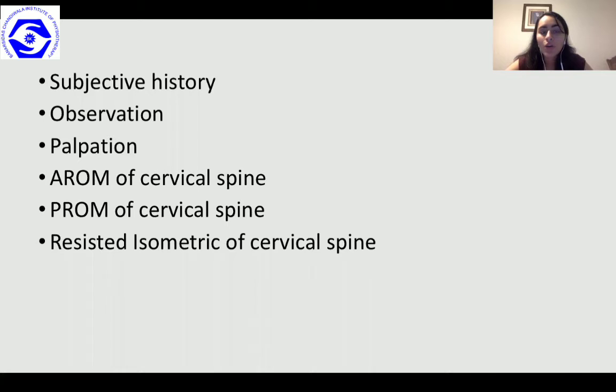Always make sure that you ask the patient whether it is painful or pain-free, and you have to note down how much range of motion he's having. In the resisted isometrics of the cervical spine, we will do the same as I told you in the previous slides. We will test for strength, and then note down each movement as strong and pain-free, strong and painful, weak and painful, or weak and pain-free.